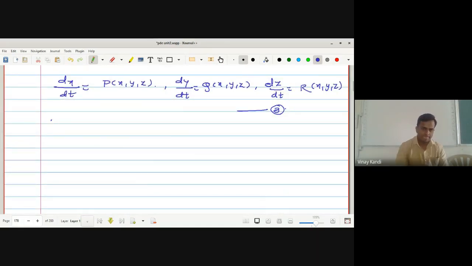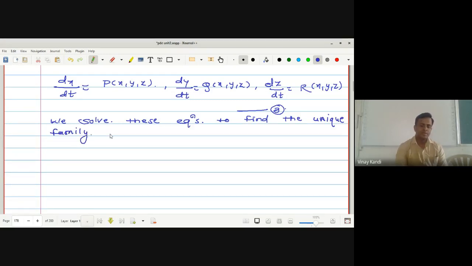Okay, we solve these equations to find the unique family of characteristic curves passing through the point x0, y0, and z0.